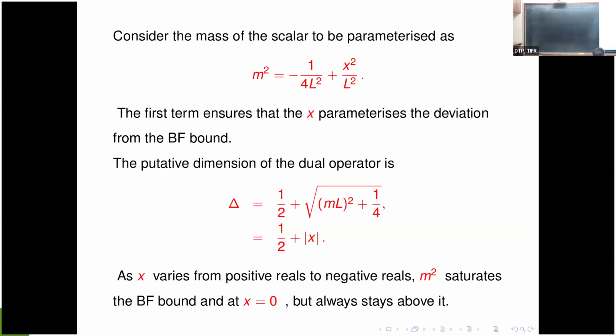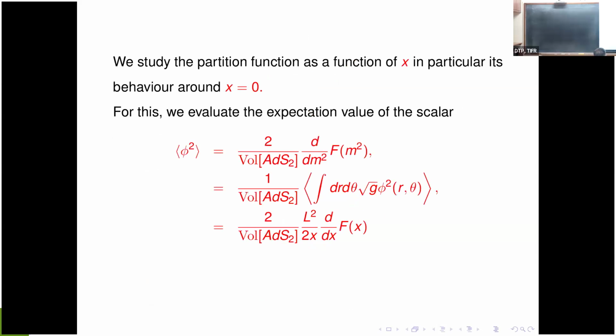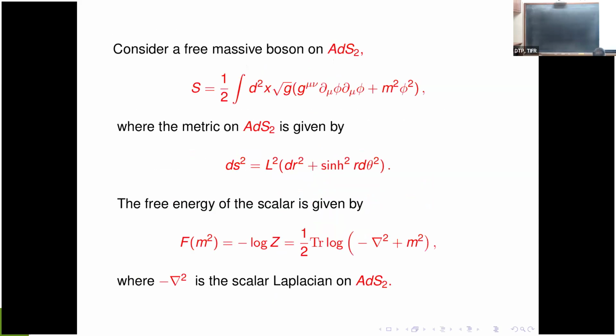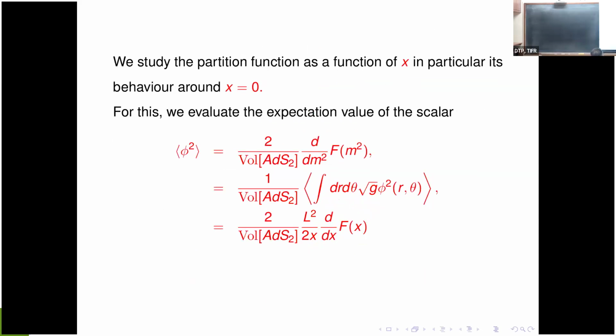So what we want to do is basically study the partition function around X equals 0. For that we evaluate the free energy of the scalar, and one of the physical quantities we evaluate is the expectation value of phi squared. From the partition function, if this is in the exponential, if you differentiate with m squared, you'll bring phi squared downstairs, and you will be able to extract the expectation value of phi squared.